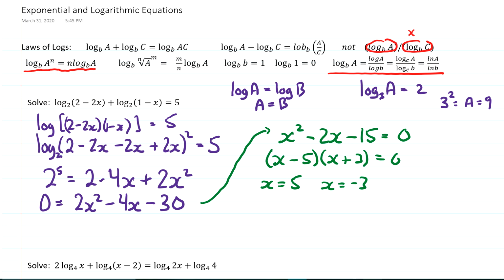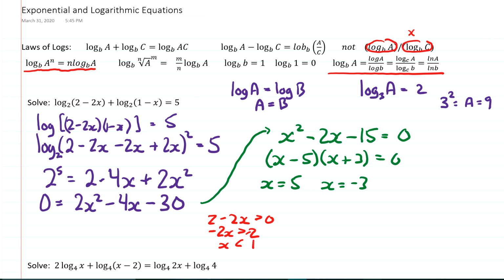Now, you might remember that we can't take the log of just any old number. The number we take the log of must be a positive number. So in the statement where we had 2 minus 2x, that actually has to be bigger than 0. So negative 2x must be bigger than negative 2, which means x must be, when we divide by negative 2, we have to flip the sign here, less than 1.